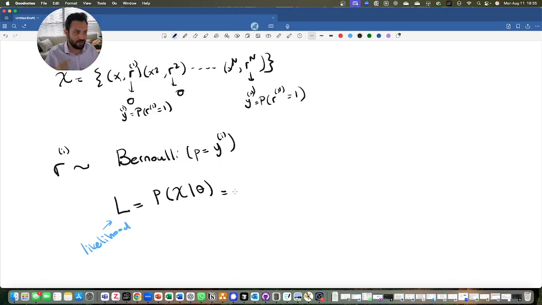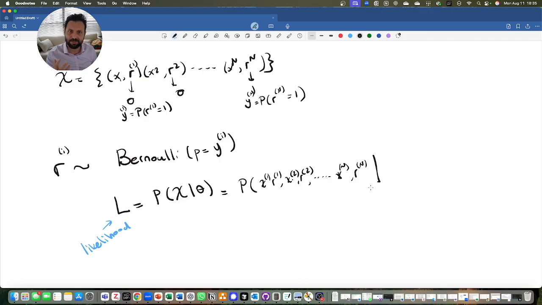So our likelihood is the probability of observing my data set: my x1 and its label, my x2 and its label, and so on, my xn and its label, all of them conditioned on some parameter.